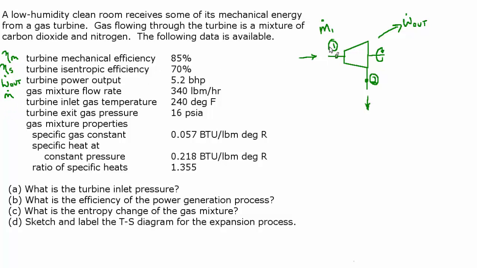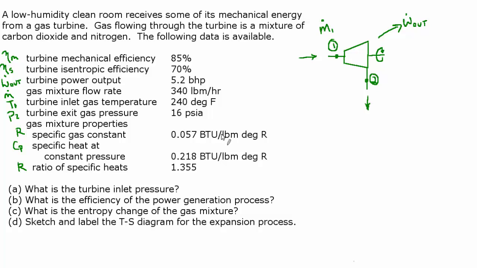So that's the inlet of the turbine. I'm calling that state 1. So I'm going to call that T1. And then we have the turbine exit gas pressure. That's state 2. So that's P2. And then we have the gas mixture properties, the specific gas constant, which would be R. And then we have the specific heat at constant pressure, which would be C sub P, and the ratio of specific heats, which is k.